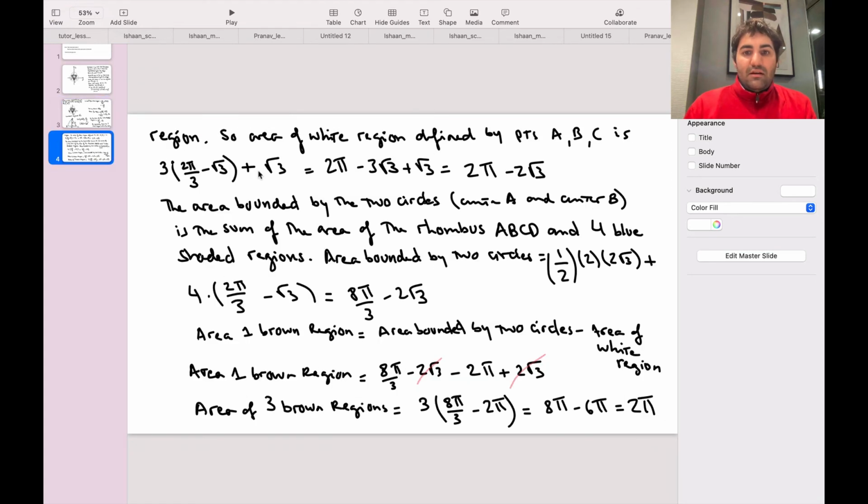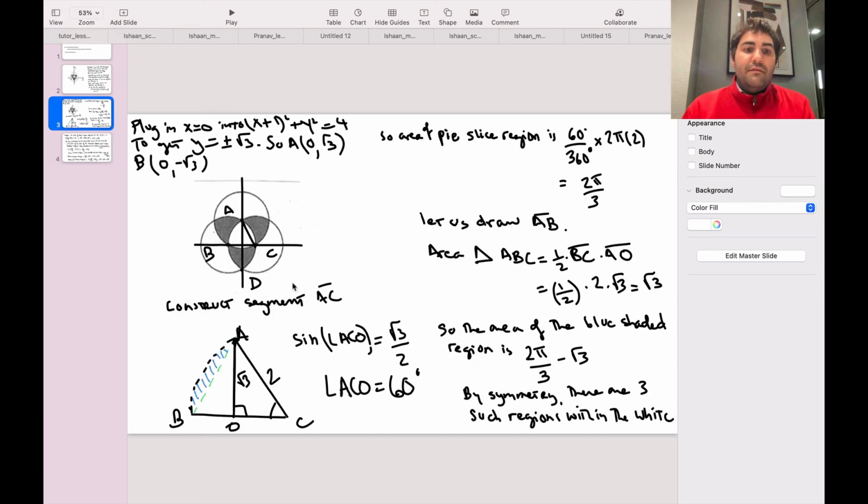So we can find the area of that as, well, we know the area of a rhombus is going to be 1/2 times the length of one diagonal times the length of the second diagonal. So one diagonal is going to be this length of AD. We know that point A is at root 3 for the y-coordinate, so this is going to be 2 times root 3 for the length, and the length of segment BC is going to be 2.